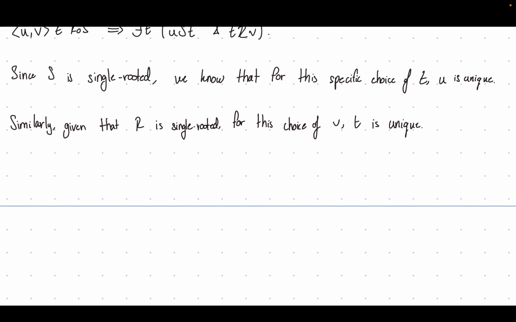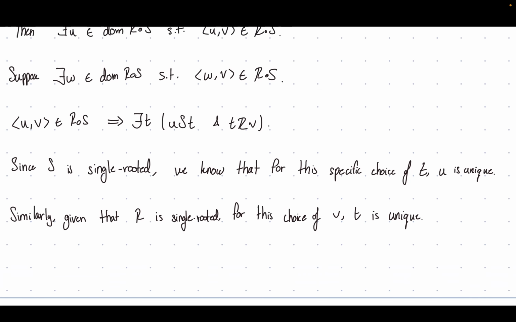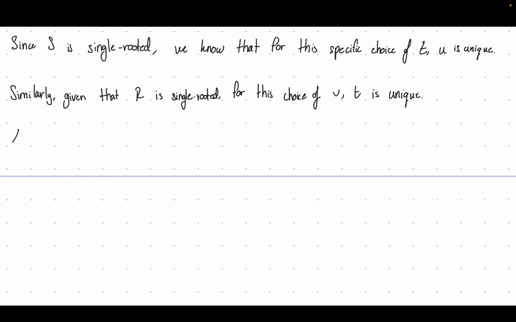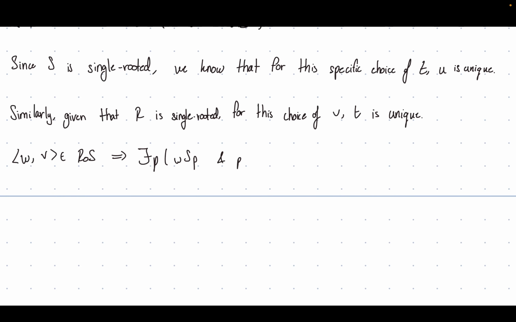Now, the fact that WV is an R-composed S implies that there exists some P such that WSP and PRV.